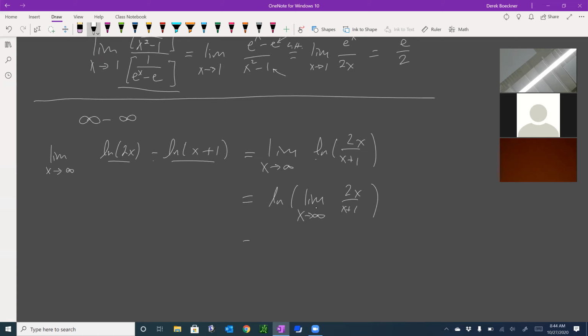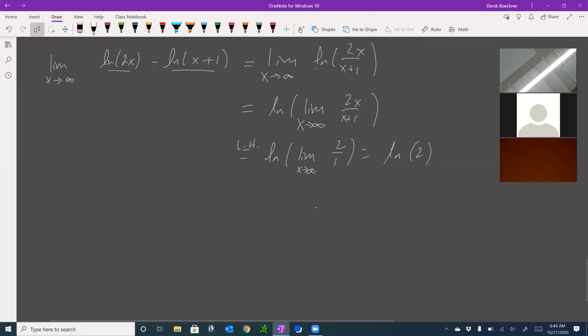And then you use L'Hopital's rule there. ln of the limit of 2 over 1, x goes to infinity. So this is natural log of 2. Right? Okay. Otherwise, the thing that I would do with this is I'm going to call this limit L.